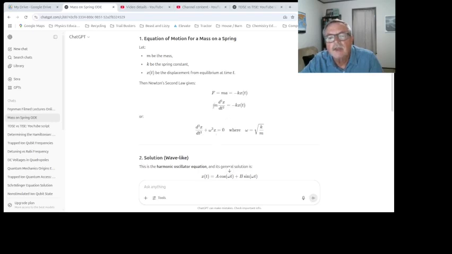Well, if this is negative kx and we divide it by m, then we get negative k/m down here. So we square whatever this thing is, and we get negative k/m. So how do we get a negative k/m out of this thing?